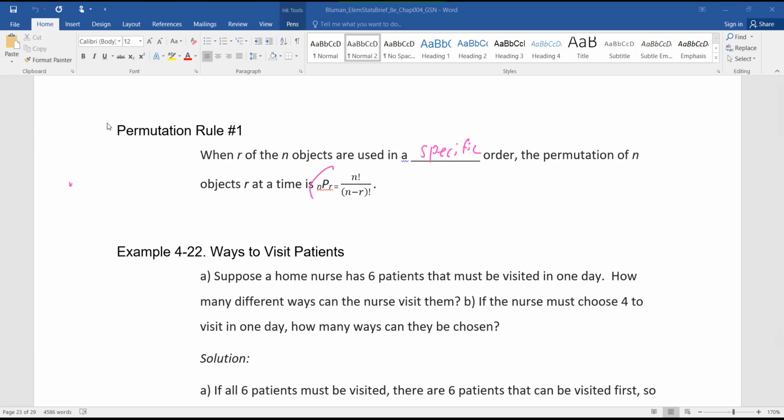This is what you need to memorize. For combination, that's going to be just about the same, but I think it's n factorial over r factorial times n minus r factorial, something like that. It has another r, that's it.